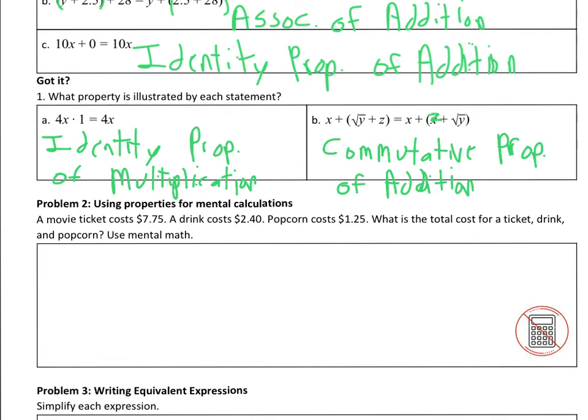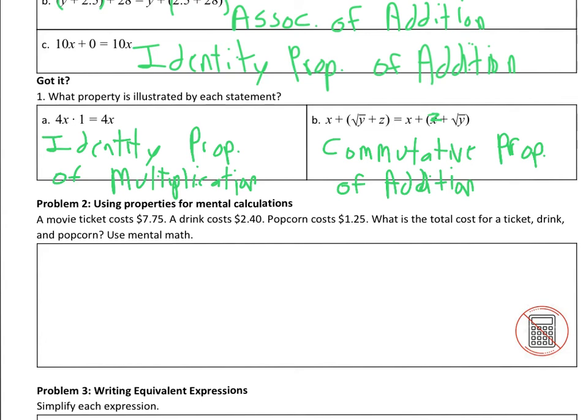Okay, so to finish out this video, I just want to explain my handwriting too. This first one, A, the property that's illustrated there, I would say is the identity property of multiplication, because multiplying 4x by what keeps it 4x? It's 1, so that's the identity property, it kept the value the same. Now in B, I'm really sorry for that typo.